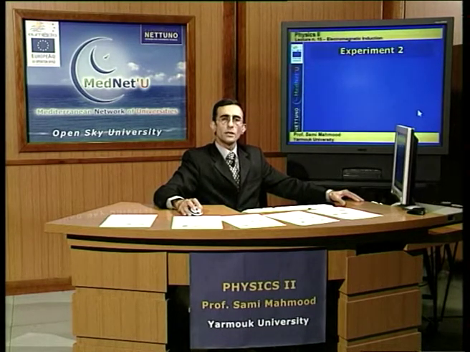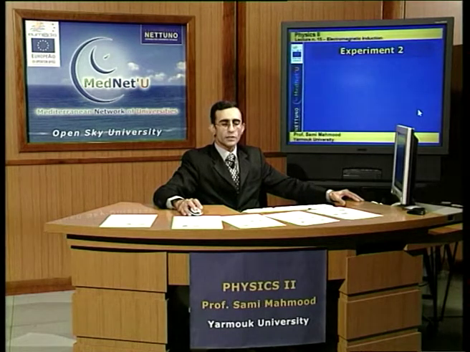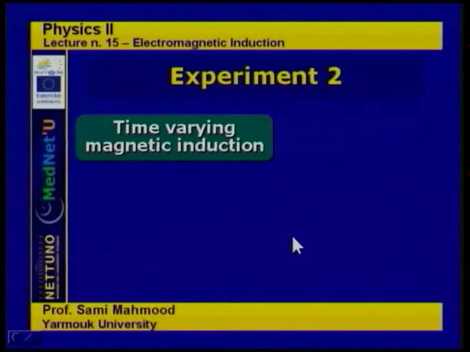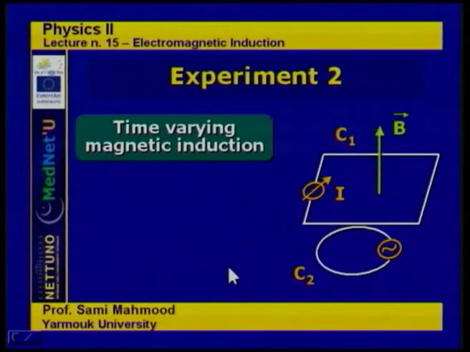And now let's discuss experiment number 2 in the time varying magnetic induction. In experiment number 2, the circuit is rigid.